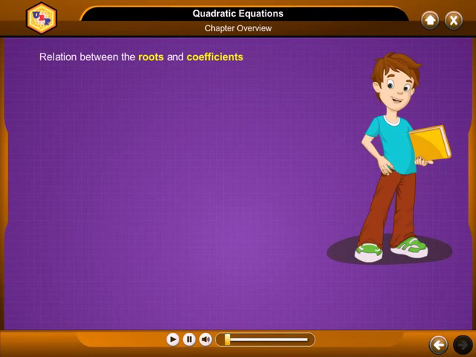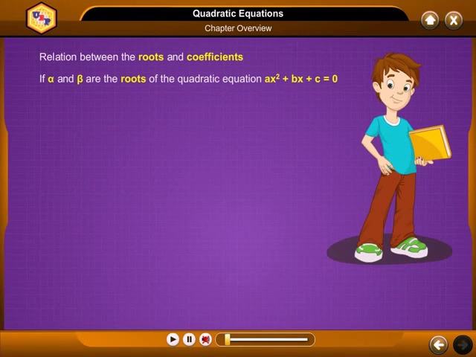Relation between the roots and coefficients. If alpha and beta are the roots of the quadratic equation ax square plus bx plus c is equal to 0, then alpha plus beta is equal to minus b upon a and alpha beta is equal to c upon a.